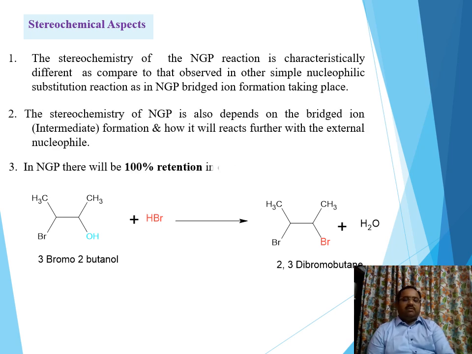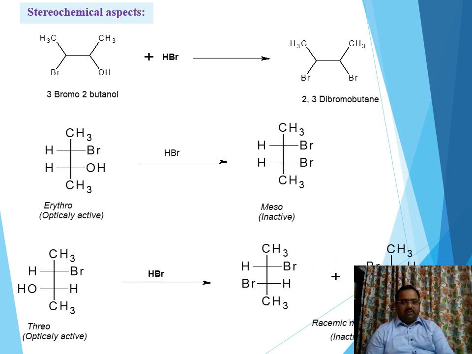The stereochemistry of NGP also depends on the bridged ion intermediate formation and how it will react further with the external nucleophile. In NGP, there will be 100% retention in configuration. You can see here this blue OH, the position of the original OH is taken up by the Br, which is written in red color. So there is 100% retention in configuration.